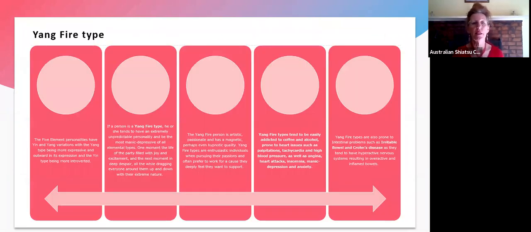Let's start to see if we can break up the energy of fire into a yang and yin type. So we start to see naturally that yang can be more extremely unpredictable. And what's quite interesting here is that we can also start to define mental illness states in these categories.